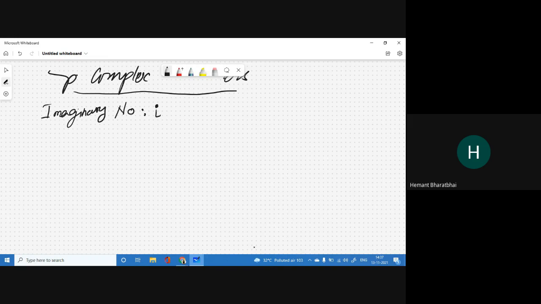Actually, it is not i, it is the Greek letter called iota, but it exactly looks like i, and that is why we will always say it as i instead of iota.